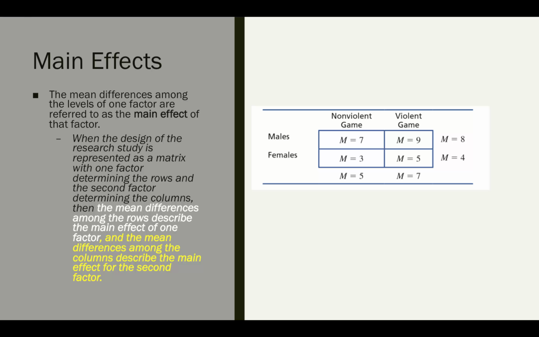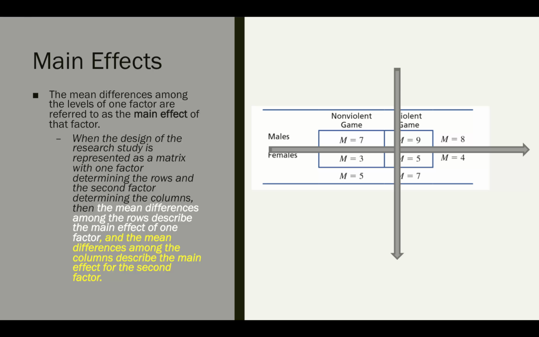When the design of the research study is represented as a matrix, which it usually is, with one factor determining the rows and the second factor determining the columns, then the mean differences among the rows describe the main effect of one factor, and the mean differences among the columns describe the main effect for the second factor.